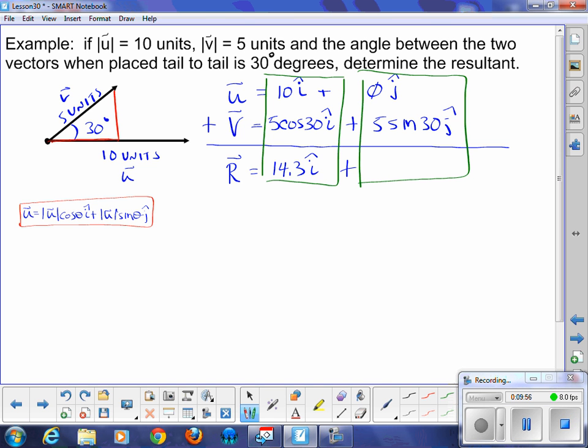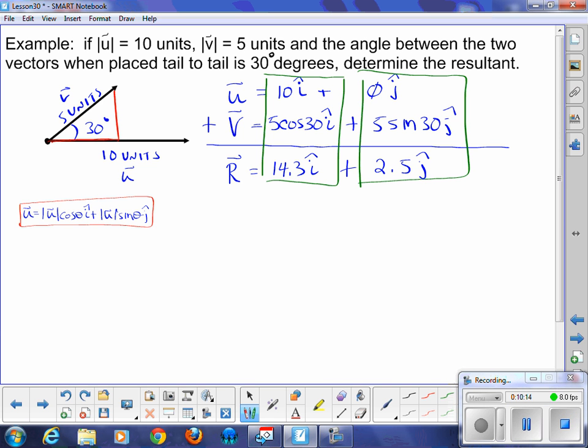And if I want to find the other one, it's 0 plus 5 times sine 30, which would be 2.5 j. All right.